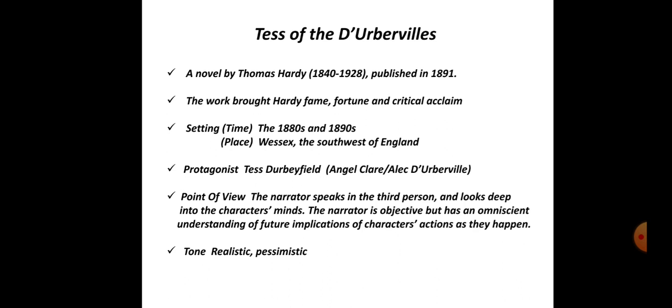If you look at the exposition, the beginning of the story, we come to know that Tess's father discovers that they are ancient English aristocracy, and this gives him all fantasies of a higher station in life.